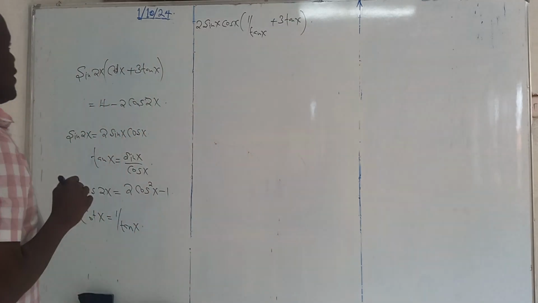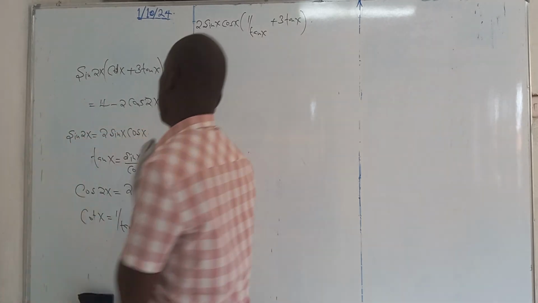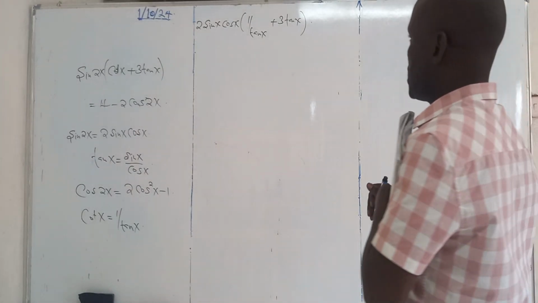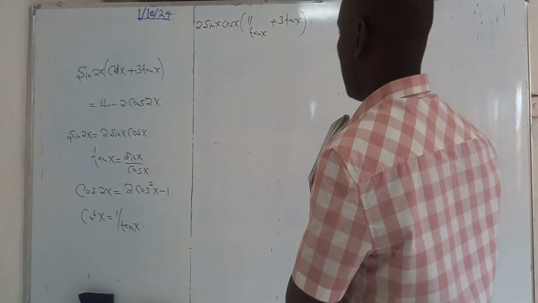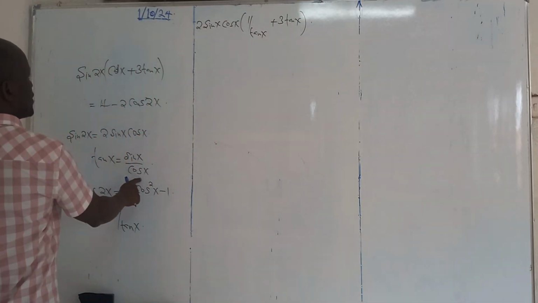So we start with this side to see if it ends here. Then we shall have shown as required. But we also know that tan x is sin x over cos x.